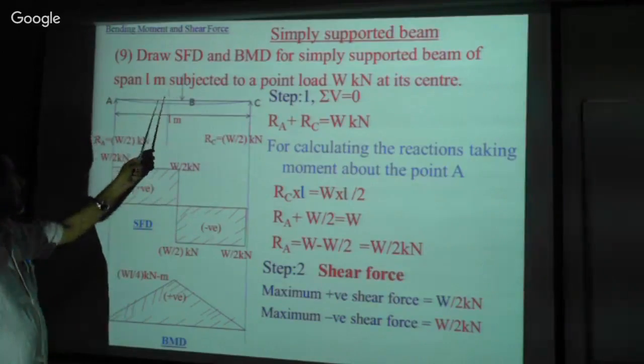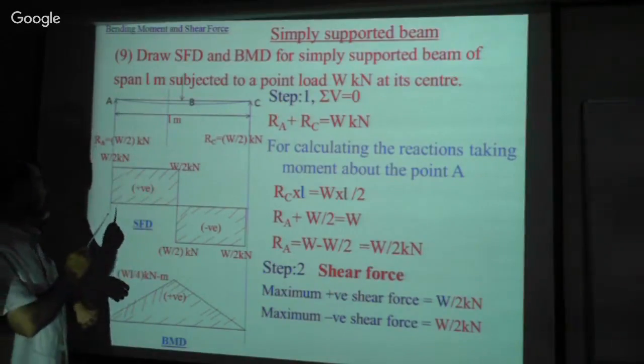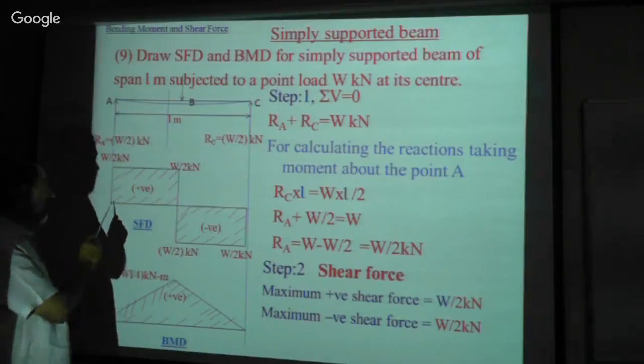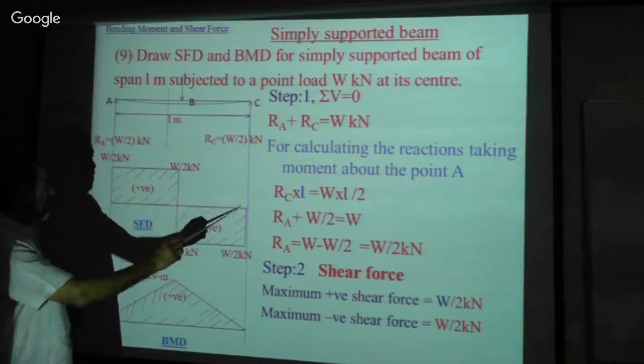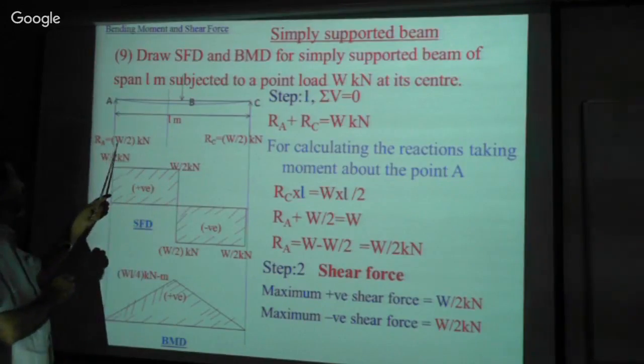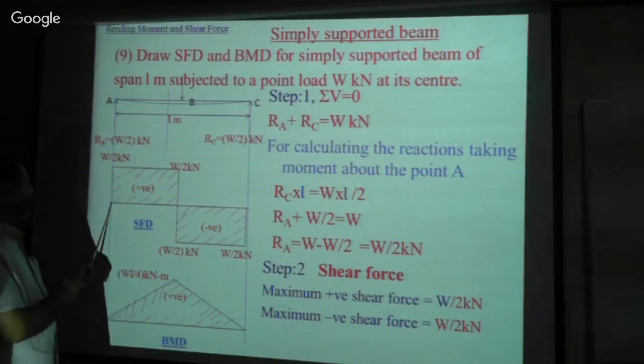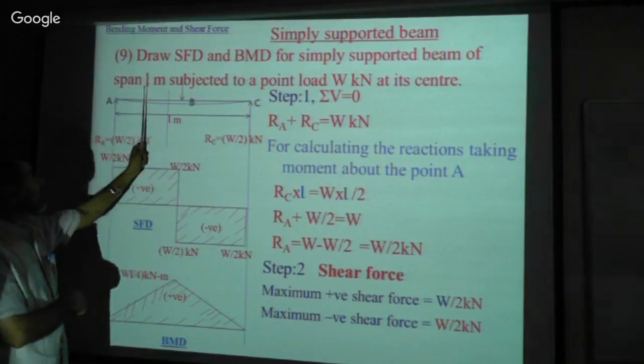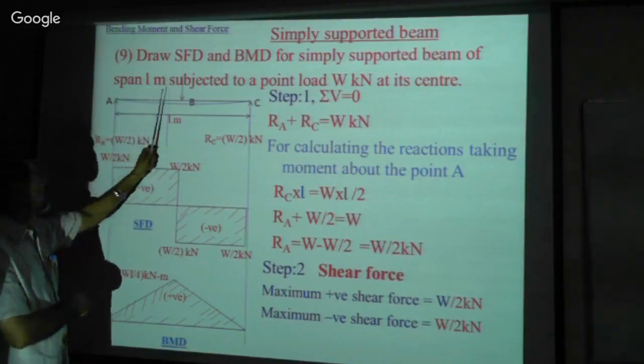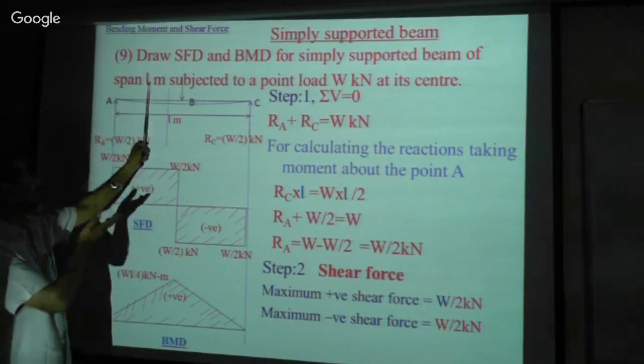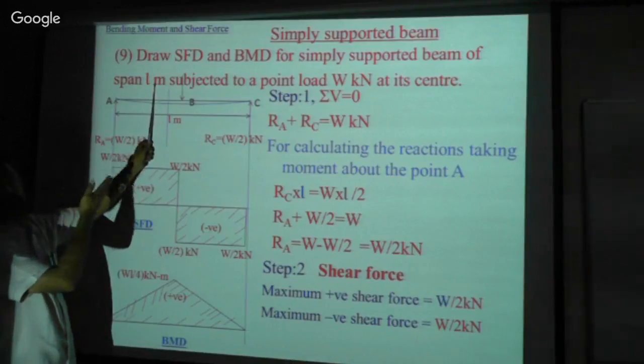Now, how to plot the shear force diagram? Take a reference 0. W by 2 is acting upward. Then from this 0, go up by W by 2 kilonewton. Wherever you calculate the shear force between these, we will get W by 2. If you consider the left hand section, we will get W by 2.